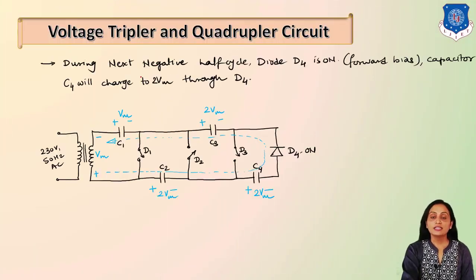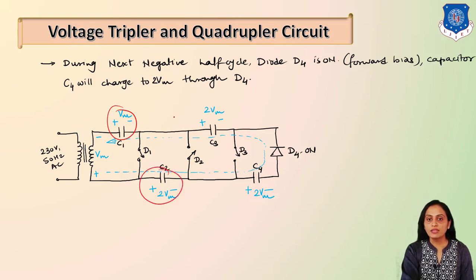Now what happens during the next negative half cycle? The first 3 half cycles are over, and they have charged capacitor C1 to Vm, C2 to 2 Vm and C3 to 2 Vm.